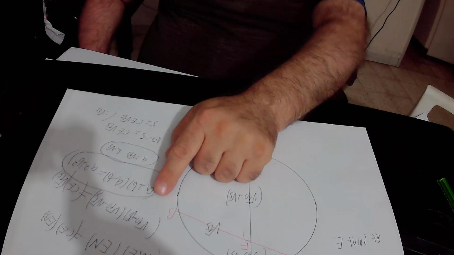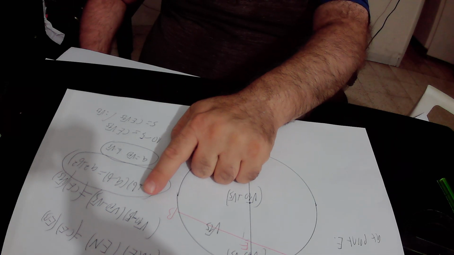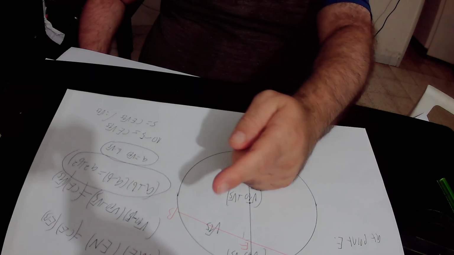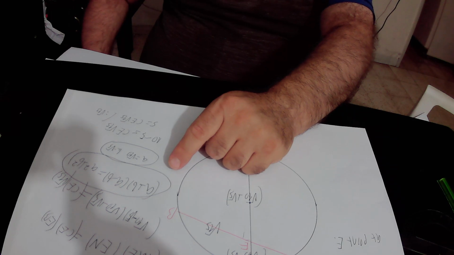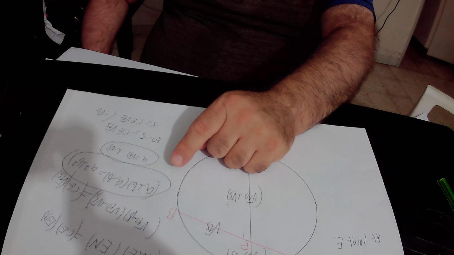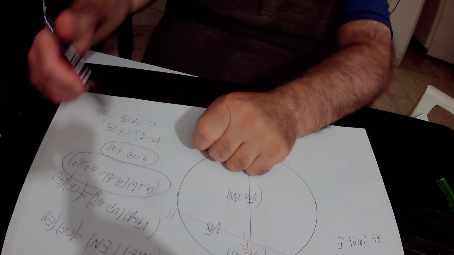So we have here the square root of 10 minus the square root of 5 times the square root of 10 plus the square root of 5. According to the algebraic identity, A plus B times A minus B equals A squared minus B squared, of course.